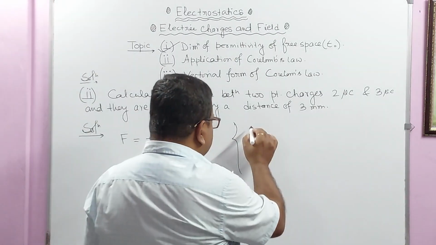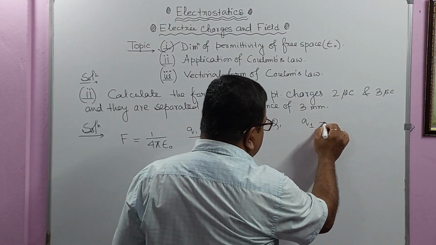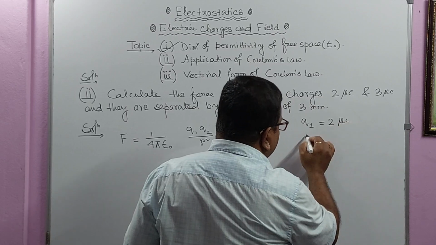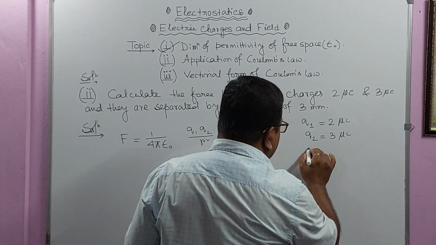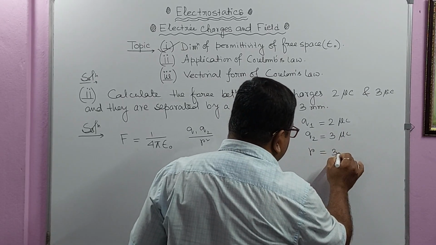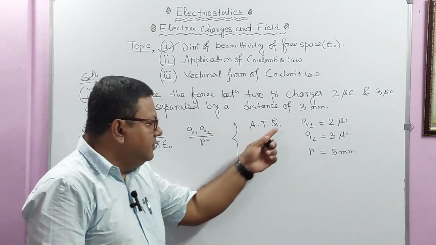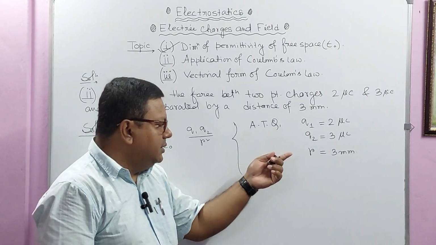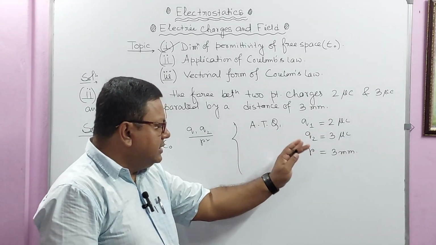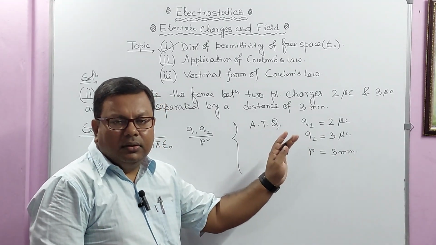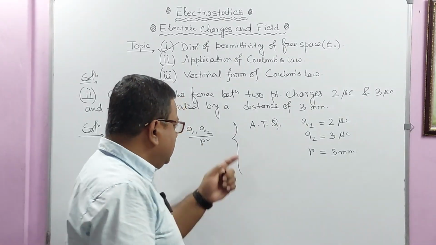According to our question, suppose Q1 is 2 microcoulomb and Q2 is 3 microcoulomb, and the distance R is 3 millimeter. First of all, our task is to convert all these units into SI units. Without converting the units, we are not able to calculate the appropriate value of the force acting between the charges.